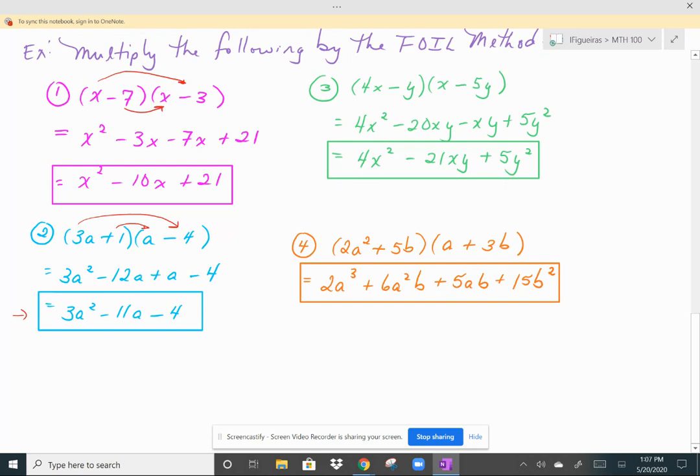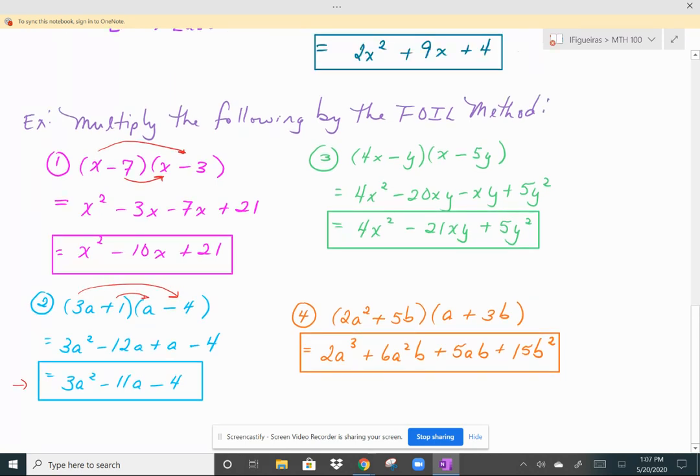Okay, so let's move on to number 3. That's here on the right. I have 4x minus y times x minus 5y. So again, it's two binomials, but this time I have variables in all of the positions. So my first term is 4x times x. That gives me 4x squared. Outer is 4x and negative 5y. That's negative 20xy. Inner is negative y and positive x.